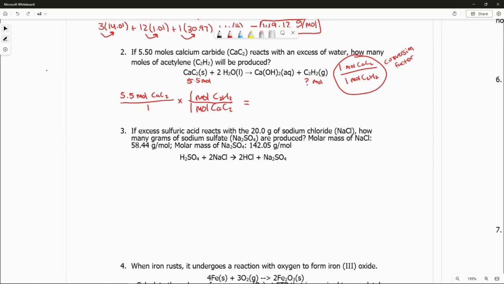So 5.5 divided by 1 is going to be 5.5 still. So the way I would write this is grab your 5.5, mol, that's the abbreviated version, and then I would put C2H2. And that is your final answer.